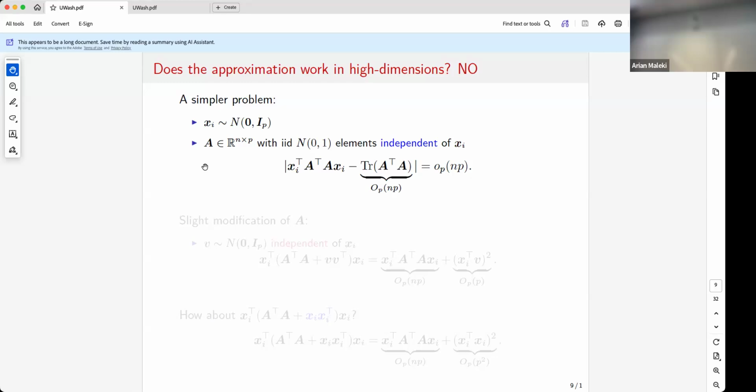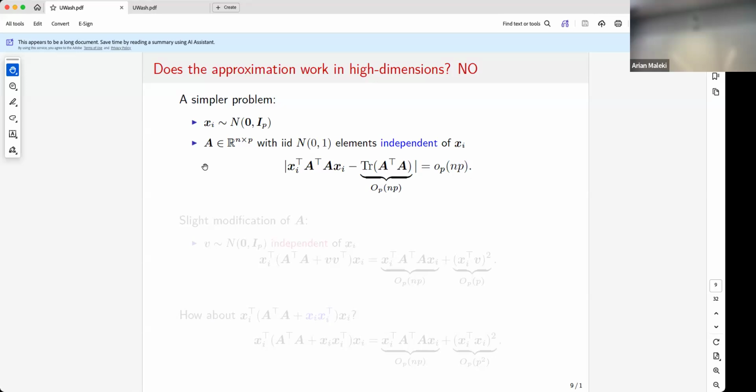So it's very easy to see that some concentration happens, especially if the xi is p-dimensional and A is n times p. For large values of p, this quantity concentrates around this quantity.